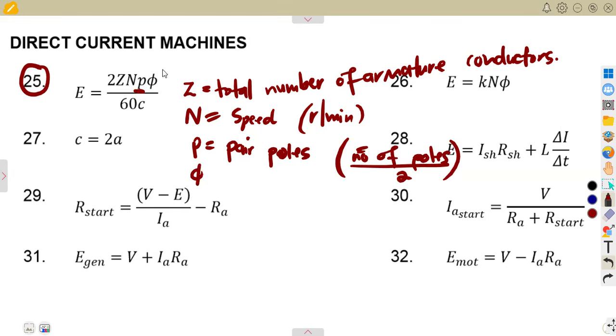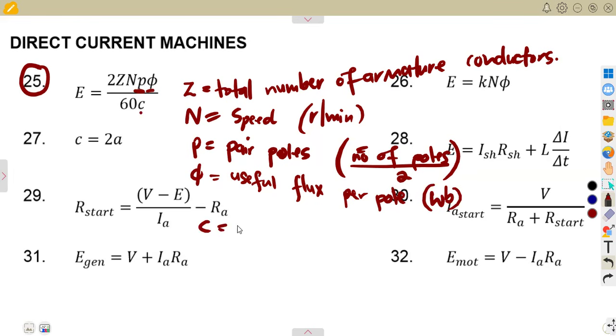Then we have got the flux, which is the useful flux that we are given, and it is taken per pole. Remember, the unit for flux is Webers. All right, then C, representing the number of parallel paths.